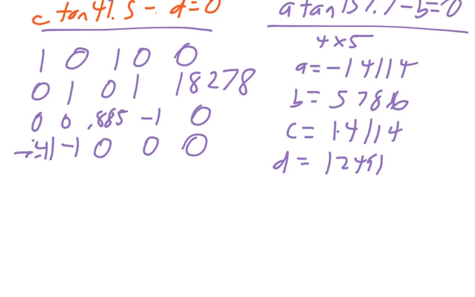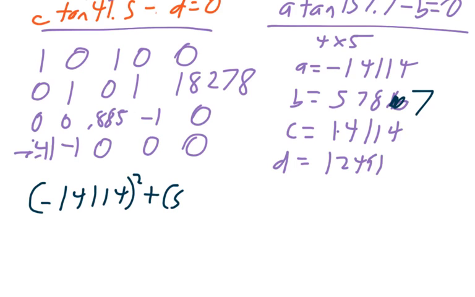Now, when I do the Pythagorean theorem, I will get T1 and T2. So negative 14,114 squared plus 5,787 squared, and this should actually round up to be 5,787, equals T1.